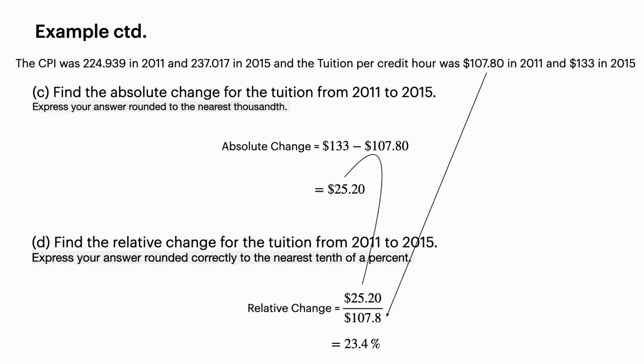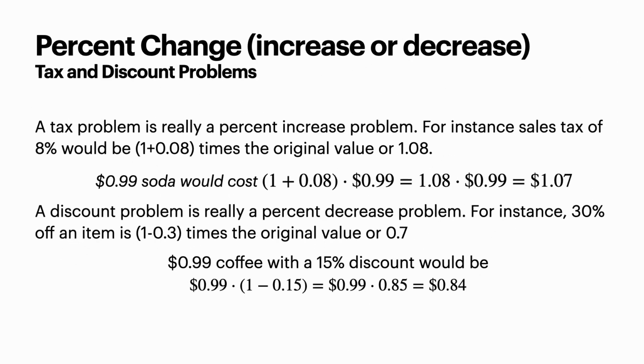Okay, awesome. Let's talk about percent change. So it's either going to increase or decrease. Common questions like this are tax and discount problems. A tax problem is really a percent increase problem. For instance, sales tax of 8% would be 1 plus 0.08 times the original value.